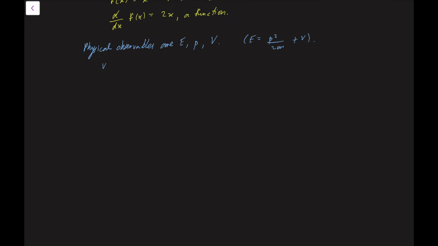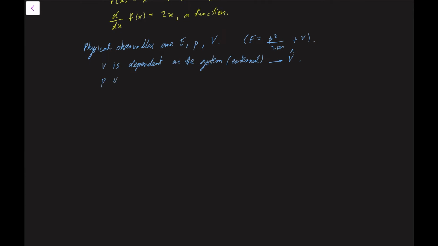We know that V, the potential, is dependent on the system, so it is external. And so we represent V, the operator, just by V with a hat over it.